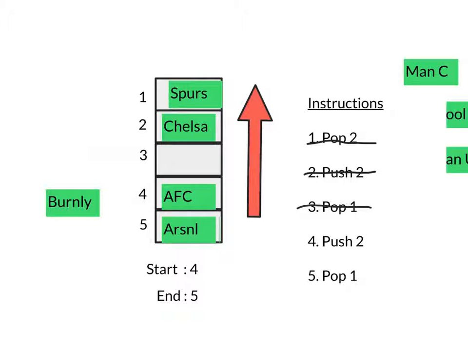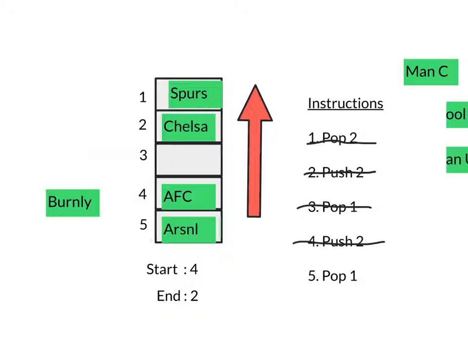I have now pushed 2 characters and I have said the queue starts at 4 and ends at 2. So it's almost like the data is in a circle going from one end here right the way round and starting again here. Okay, and we have now added 2 items to the queue.